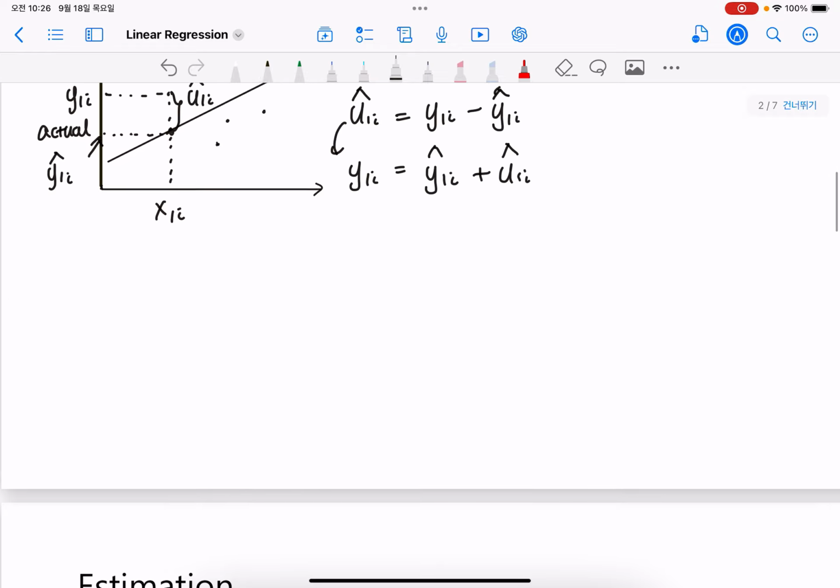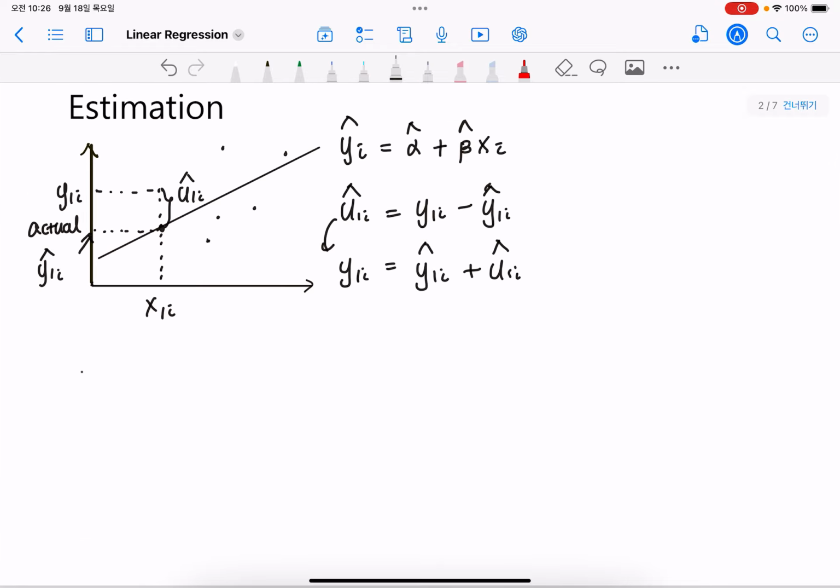And the purpose of the regression is to minimize the sum of ui hat squared. So I said this is the sum of the squared residual, right? Let me rewrite this with the term that I have put right here.